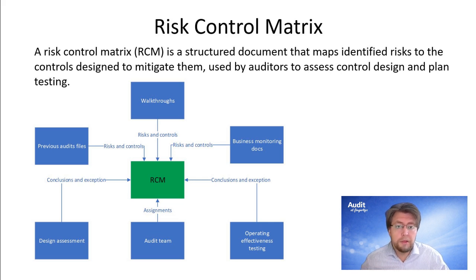A bit on the right side, business monitoring documentation. Business monitoring documentation is the product of regular audit activity. It might be quarterly, it might be annual, depending on the methodology. However, it is a good practice for auditors, from time to time, to go to the auditees outside of the audit cycle and just check what the changes were for the past period.